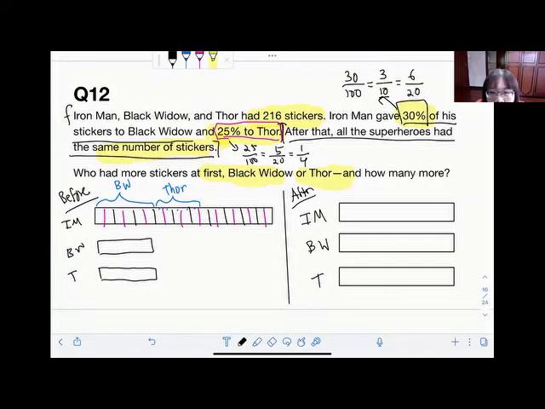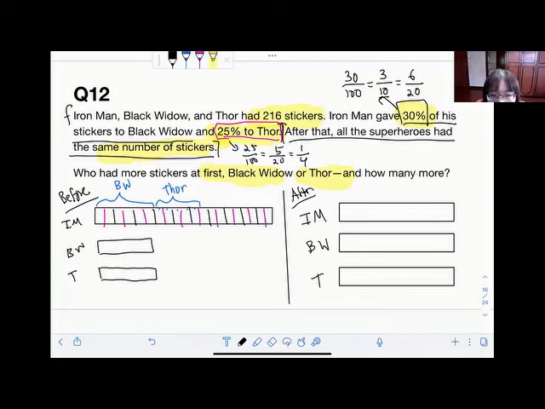So yung kay Black Widow, nakita natin dun sa taas na 30% is 30 over 100 equals 3 over 10, which is 6 over 20. So since dun pa tayo kay Iron Man, yung 25 over 100, dapat nating also pantayan na over 20. Kasi yung isa 6 over 20.